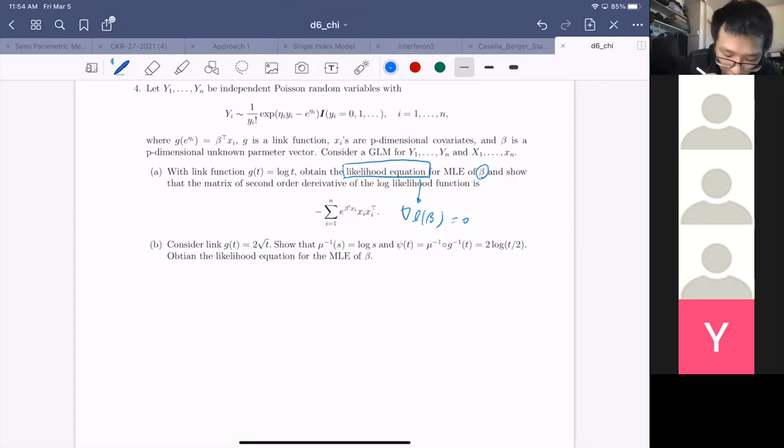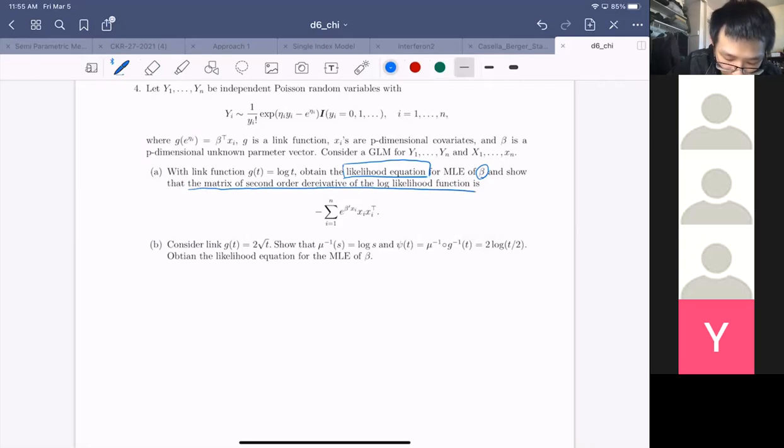Okay, and then my second question is when they say the matrix of second order derivatives, and they just show me one term. Normally a matrix has, it depends on how many variables you have. I was expecting a matrix and not a summation, but maybe it's because there's only one variable.